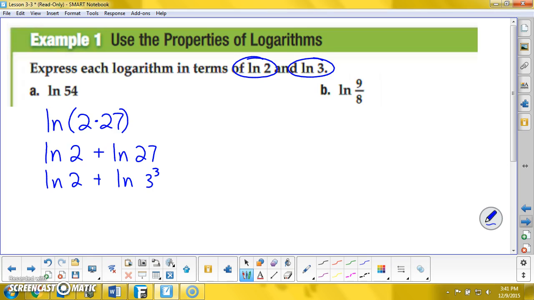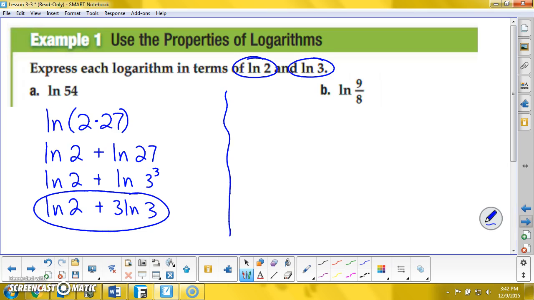And now this is a really good answer, except we're going to take that exponent on the second natural log and make that a lead coefficient. So we write it as 3 natural log of 3. And this is written in terms of natural logs of 2 and natural logs of 3.